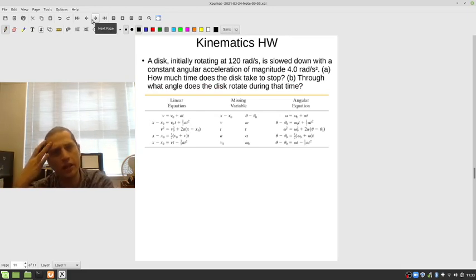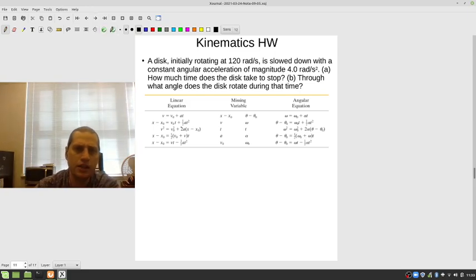So let's take a look at a problem that you could do with this. It says a disk initially rotating at 120 radians per second. That's a speed that it's going at, so omega naught equals 120 radians per second. It is slowed down with a constant angular acceleration of magnitude 4.0 radians per second squared.